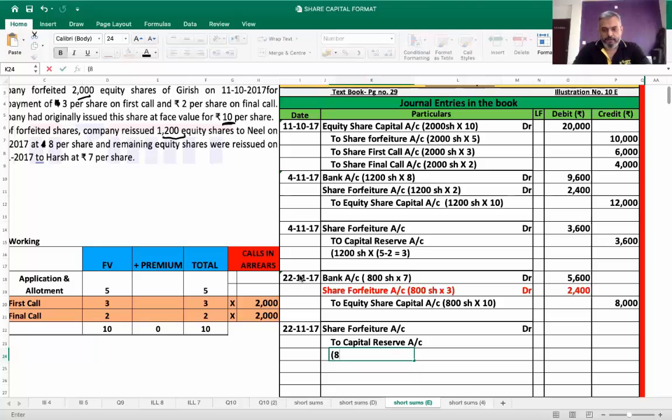Number of shares reissued 800 shares into profit per share 5 minus we gave a discount of 3 which is equal to 2. So 800 into 2 is 1600.